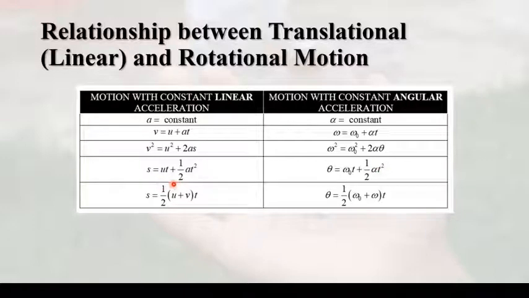Then s equals ut plus 1/2 at squared becomes theta equals omega naught t plus 1/2 alpha t squared. The last equation, s equals 1/2 (u plus v)t, becomes theta equals 1/2 (omega naught plus omega)t. The four equations are exactly the same. The only difference is the symbols used.